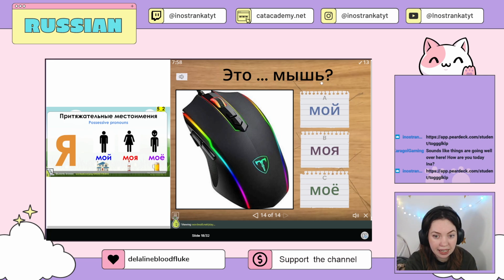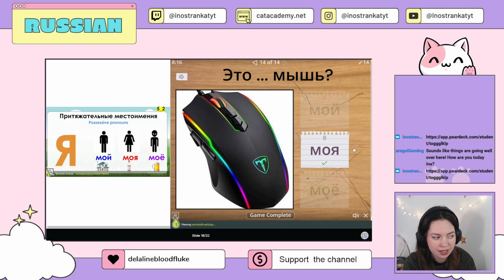Мягкий знак goes to feminine. Any other letter, if it's not a vowel and not мягкий знак, will be masculine. Мышь is мягкий знак, so моя. Это моя мышь? Is this my mouse?